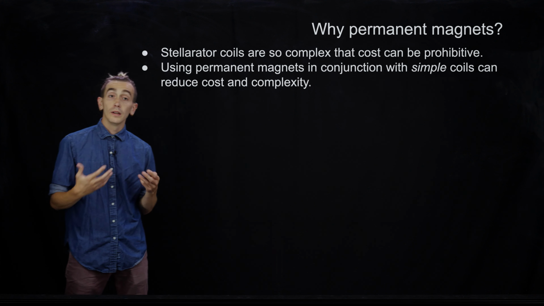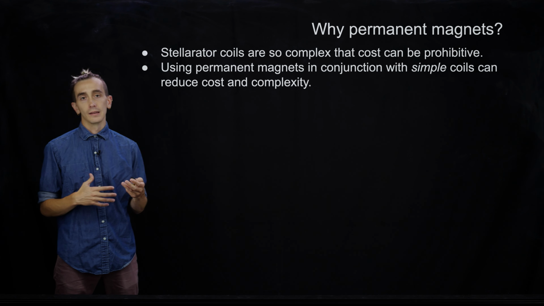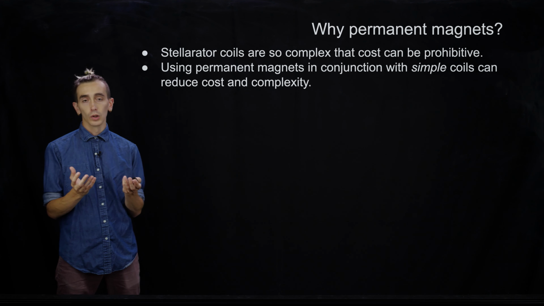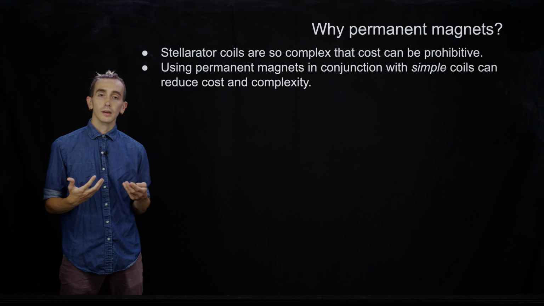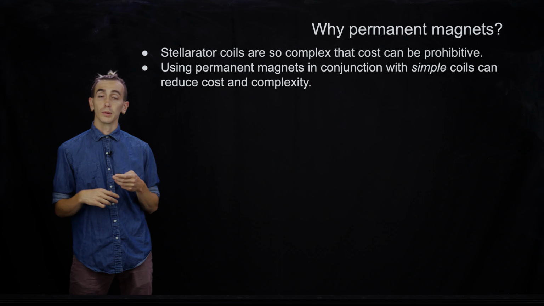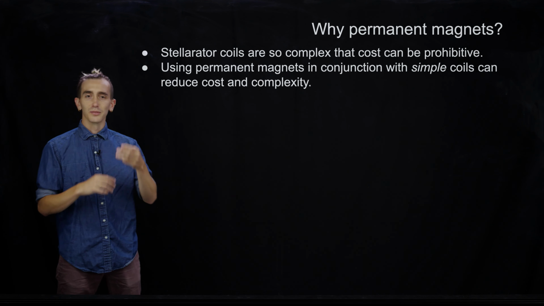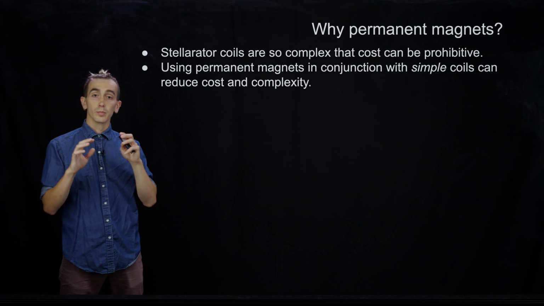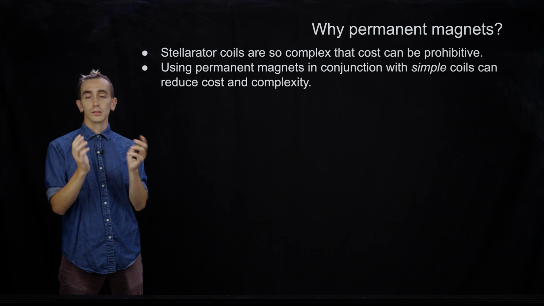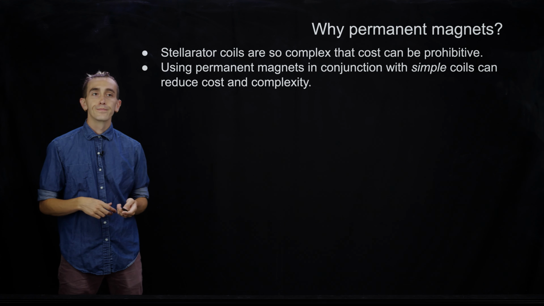It turns out one way to do this is to use permanent magnets in conjunction with simple looking coils, which allows you to reduce the cost and complexity of your design by replacing some of the gnarliness of those coils with just a bunch of cheap off-the-shelf permanent magnets surrounding the plasma.